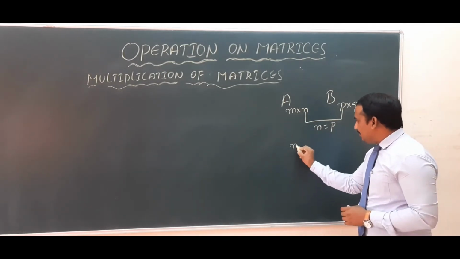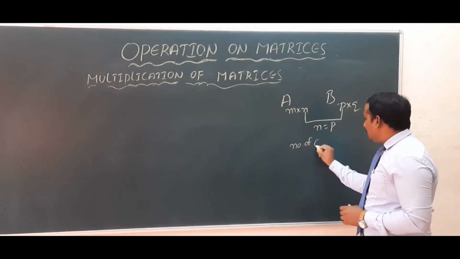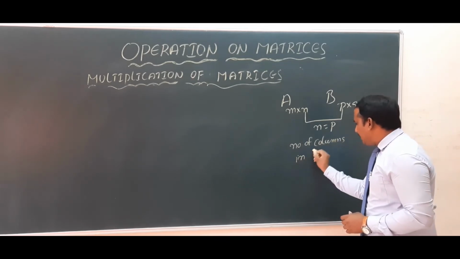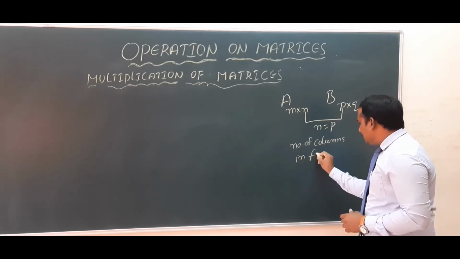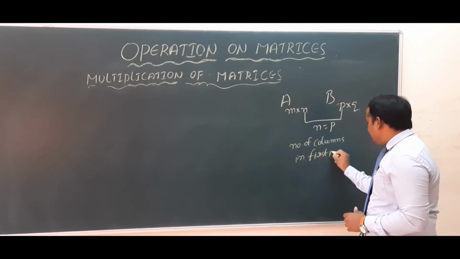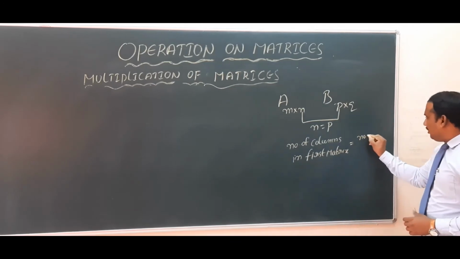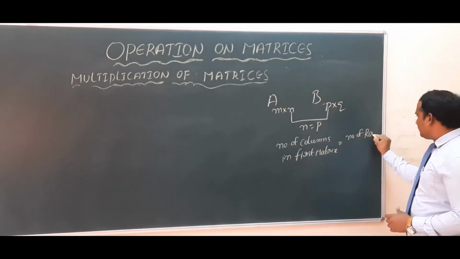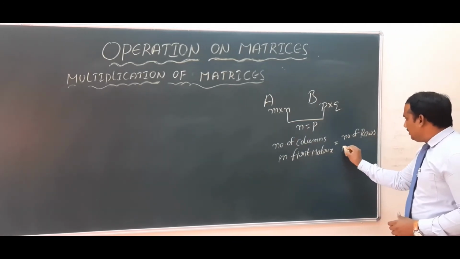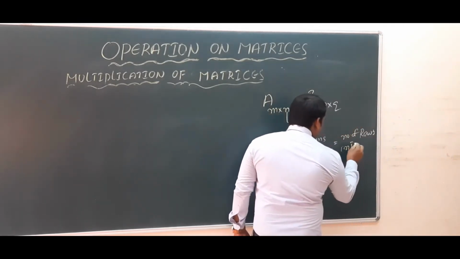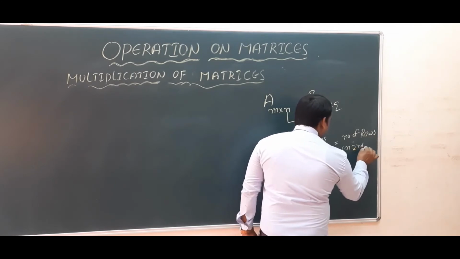Once again, here n is the number of columns in the first matrix, which must equal the number of rows in the second matrix.